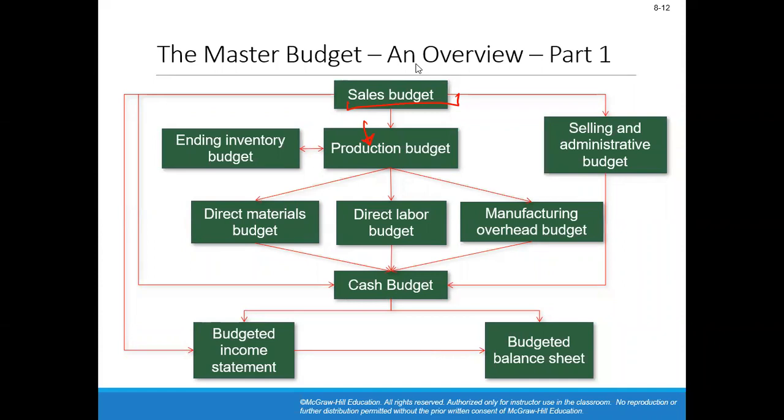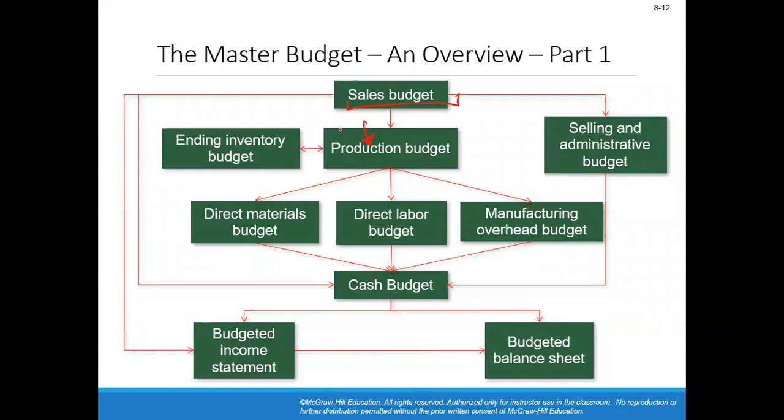So what kind of budget do you expect after the sales budget if it is not the production budget? Yeah, absolutely, the purchase budget. So the purchase budget should be here. As the company is a merchandise company, they should purchase, they will not go for producing.